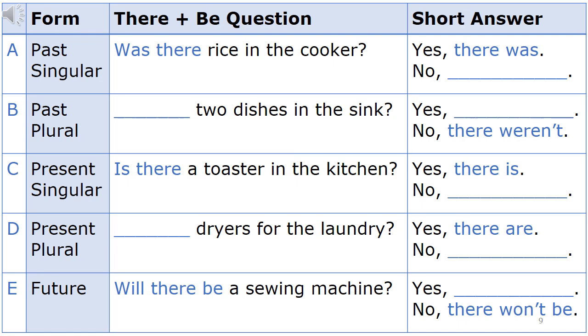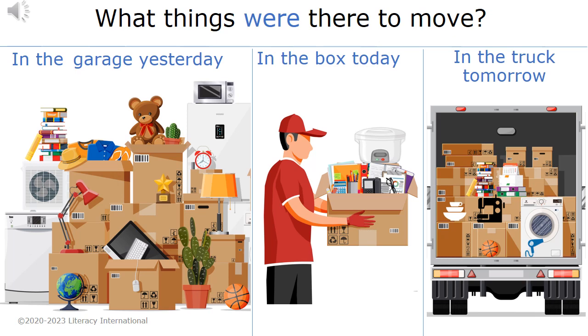Yes, there is. No. D. Present plural. Dryers for the laundry? Yes, there are. No. E. Future. Will there be a sewing machine? Yes. No, there won't be. What things were there to move? In the garage yesterday, in the box today, in the truck tomorrow.